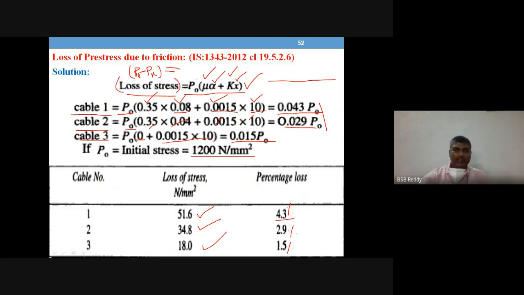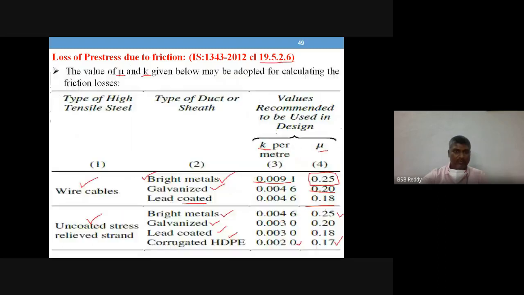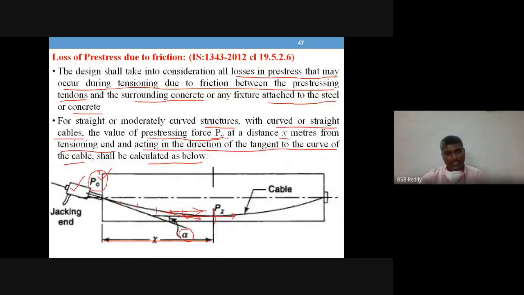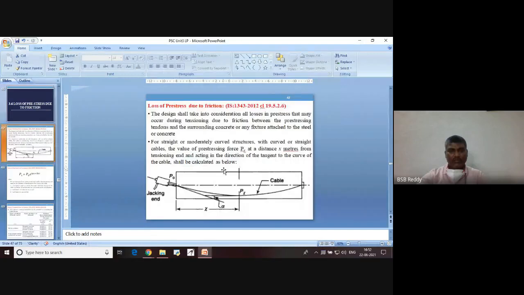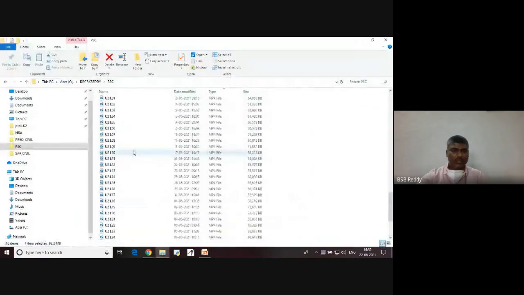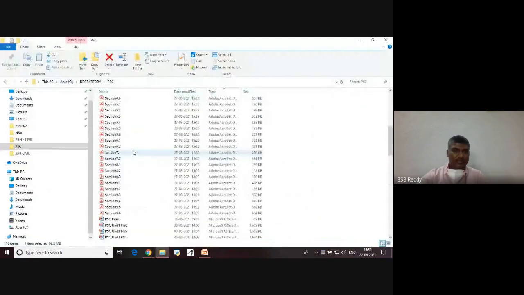Okay, this is how we go for the loss of pre-stress calculation with friction. Okay, right. So 19.5.6, you have to just go and have a look at it.